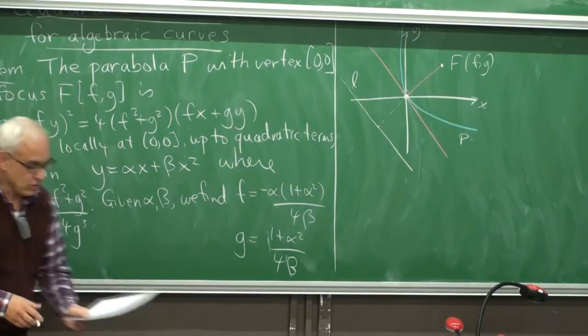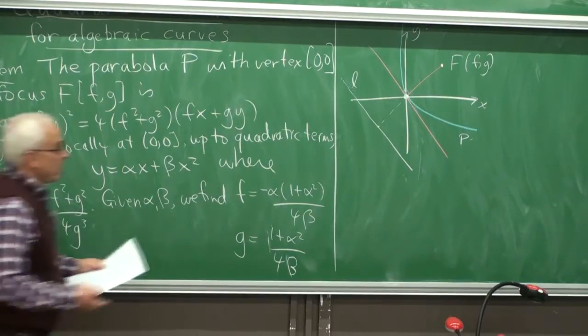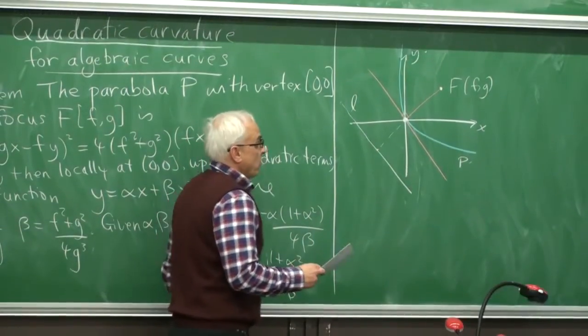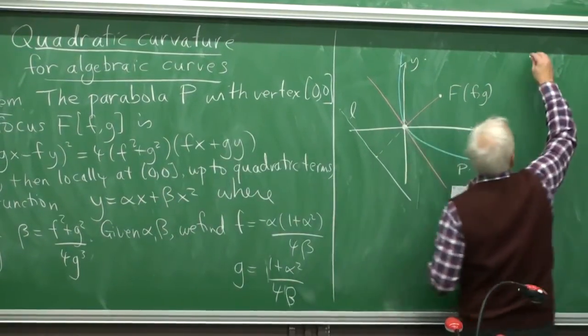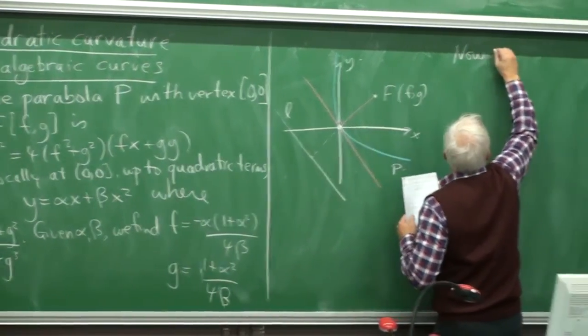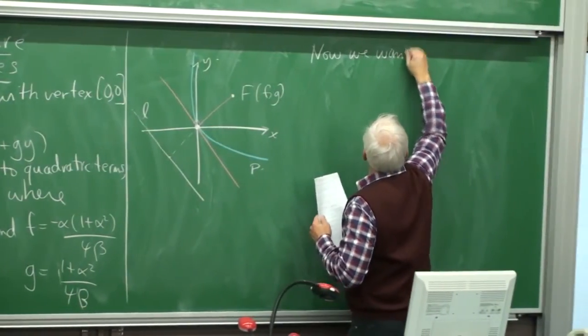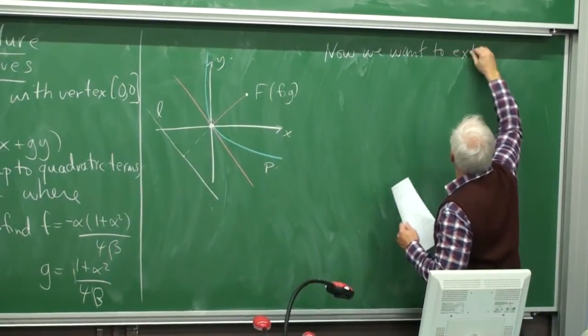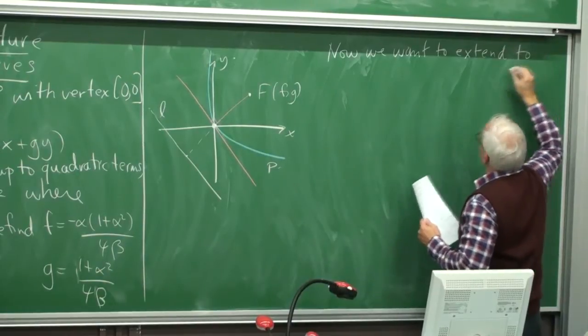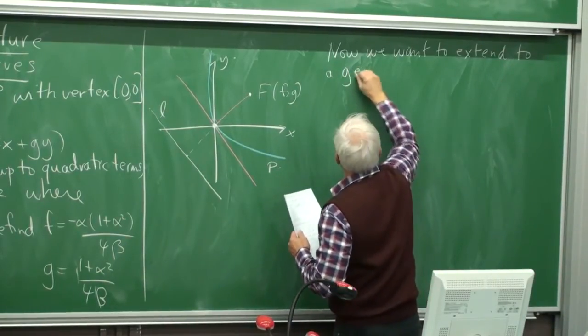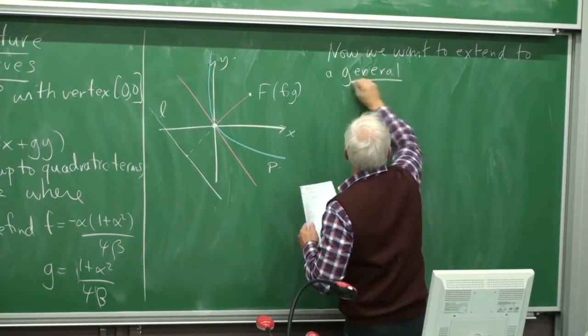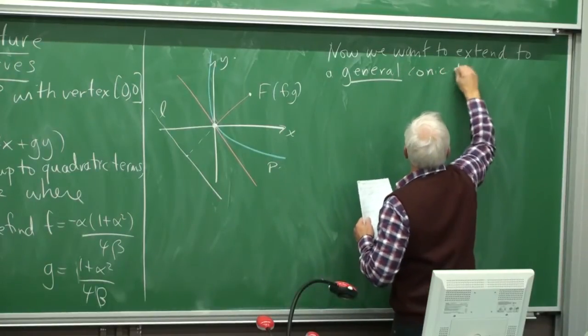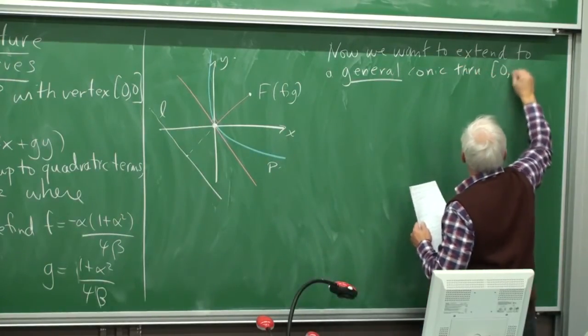Okay, now what we want to do is extend this to the general conic through the origin, a general conic that's passing through the origin.